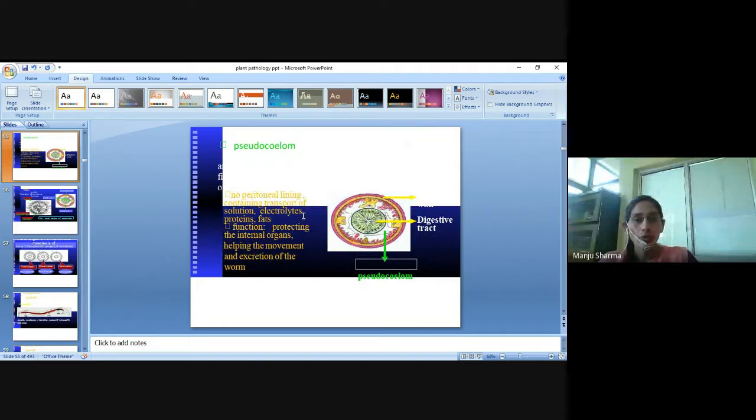In the pseudocoelom there is no peritoneal lining; it contains transport of solutions, electrolytes, proteins and fats, and its functions are protecting the internal organs and helping movement and excretion of the worms.